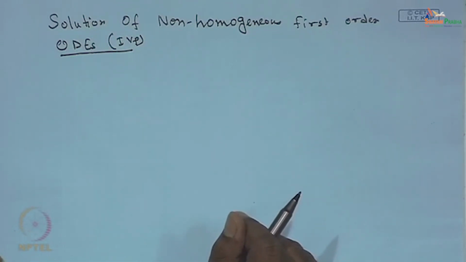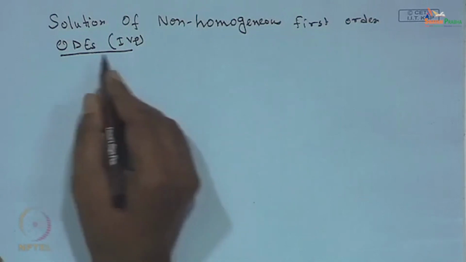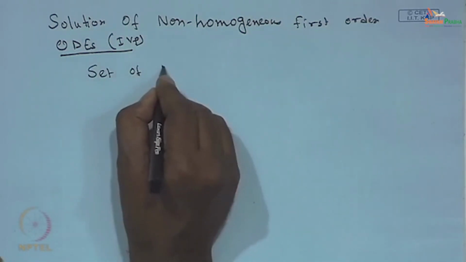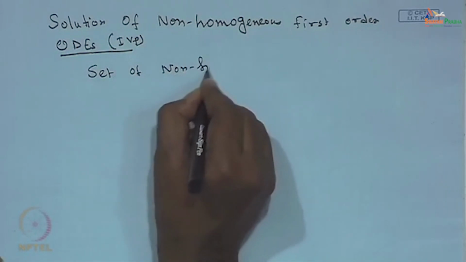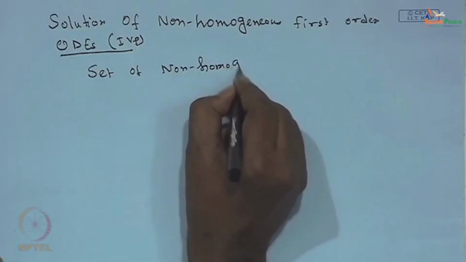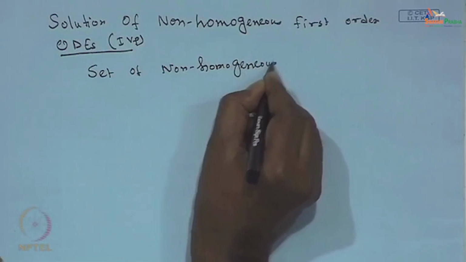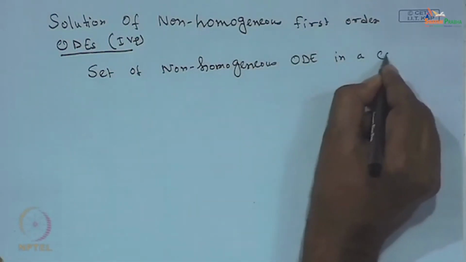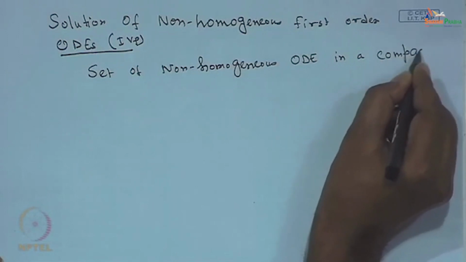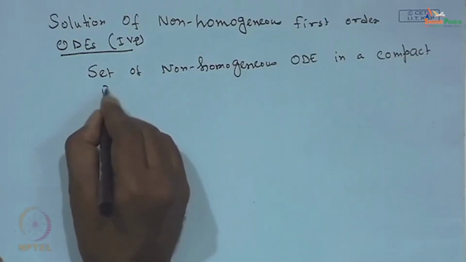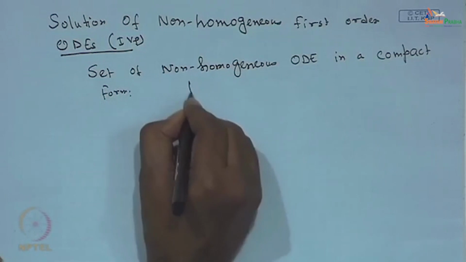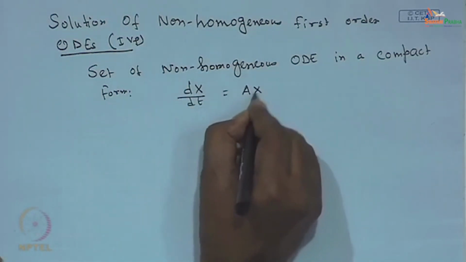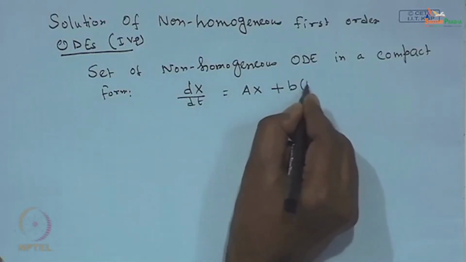Anyway, let us write down the set of non-homogeneous ODEs in a compact form, and that will be dx/dt is equal to A x plus b(t).